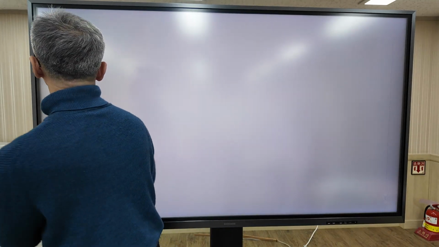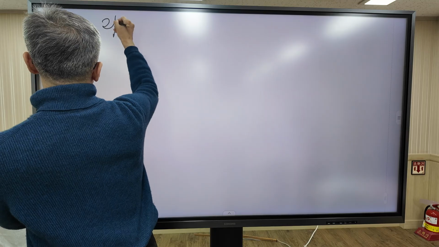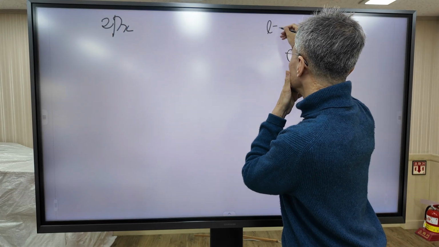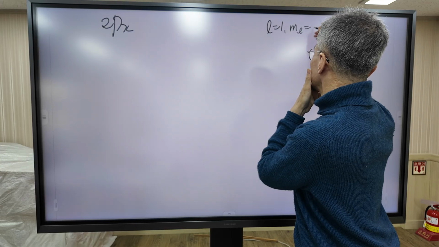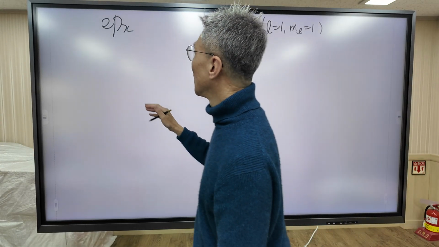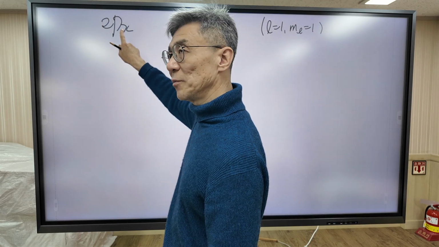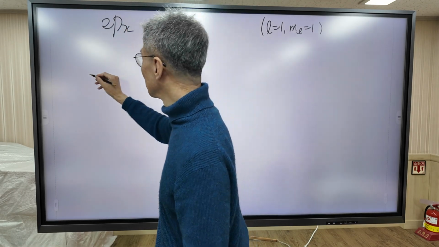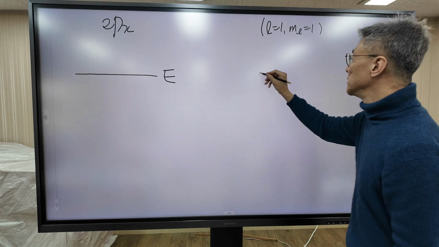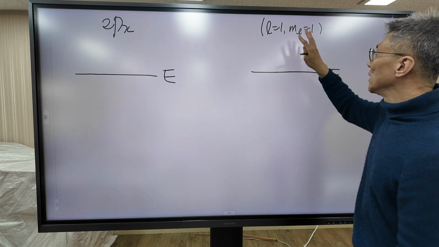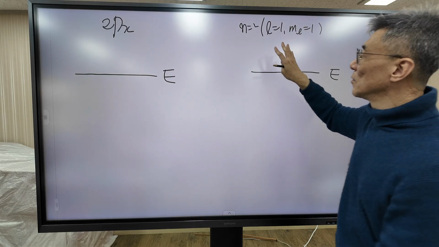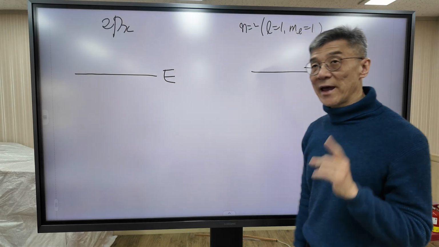Now the electron is in the 2px orbital and the m equal 1 orbital. I'll compare. Now I'm going to measure the energy of the electron in the 2px orbital, and I'm going to measure the energy of the electron in this orbital. But both energies depend on n, right?